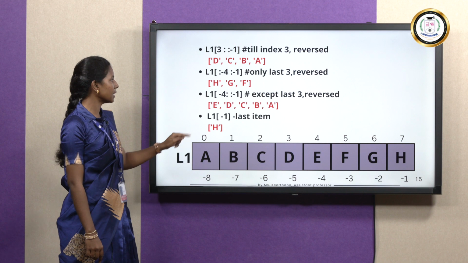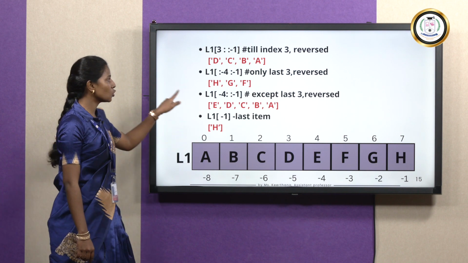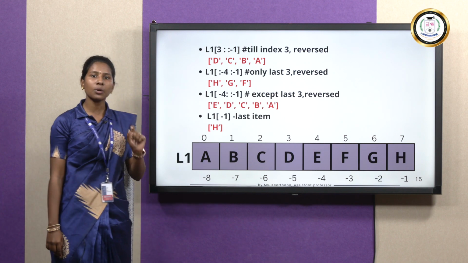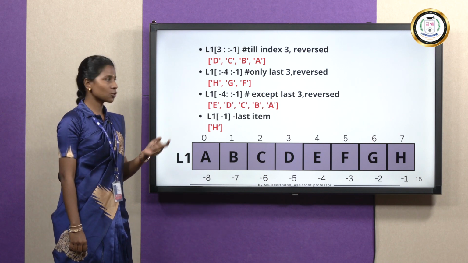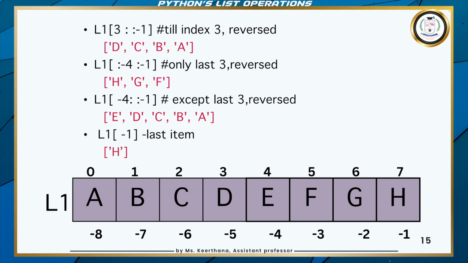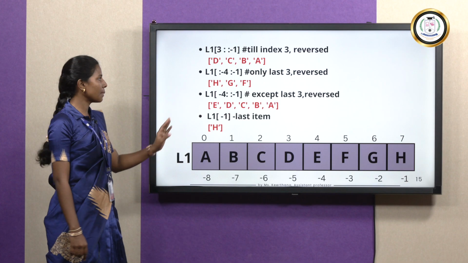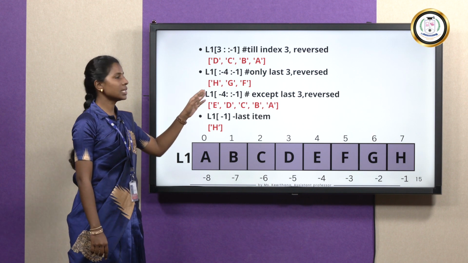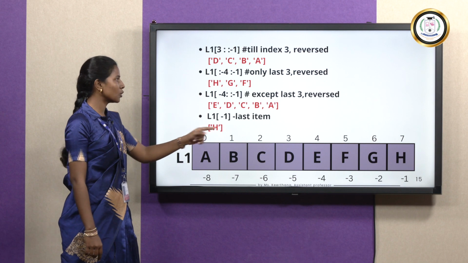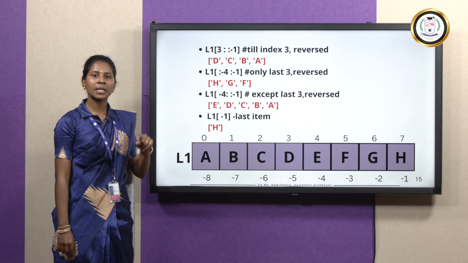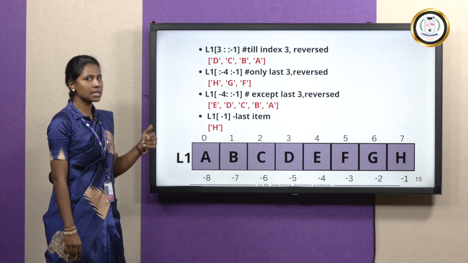Here you can see it is not printing till E because our end value ends one value before the end index which we are mentioning. So if it is -4, it will stop at F itself. So I will only get H, G, F as my result. In case I want to include E also, I will just increase this minus value to -5, like ending index as -5.